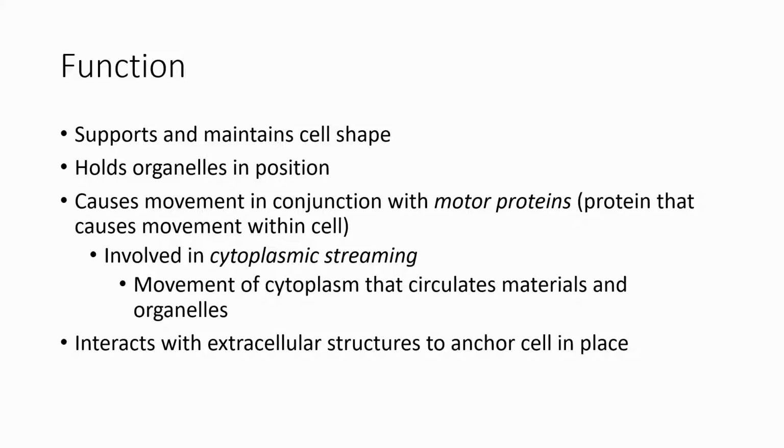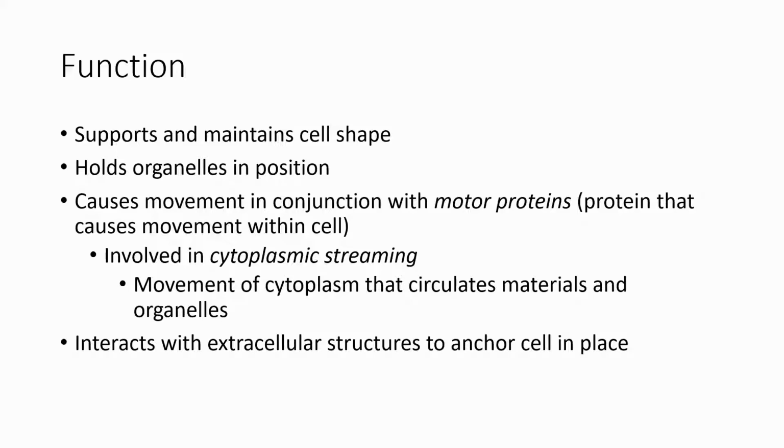This is seen very commonly in things like lymphocytes or white blood cells that are able to move and change their shape. You won't see this so much in a lot of cell types in the human body or in animal bodies that don't change shape.